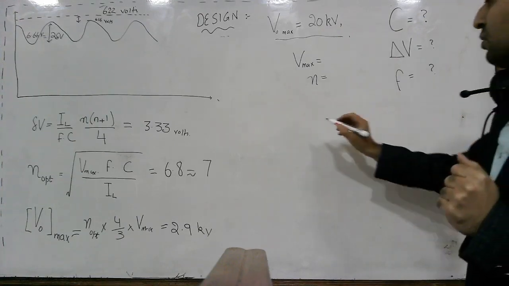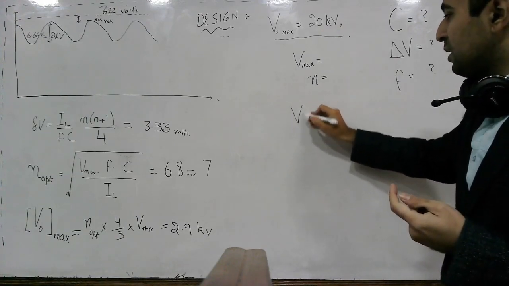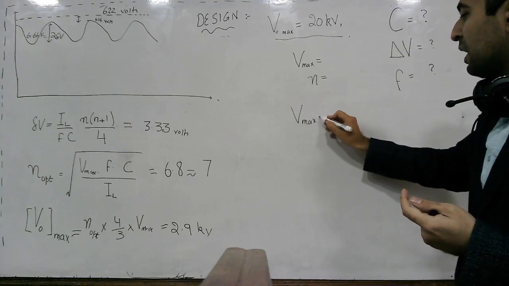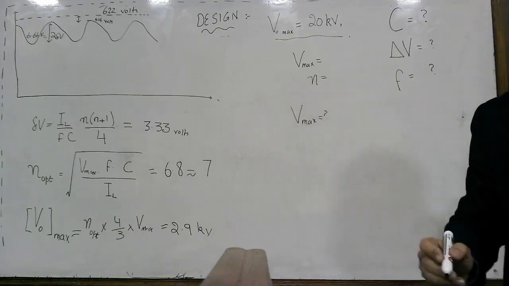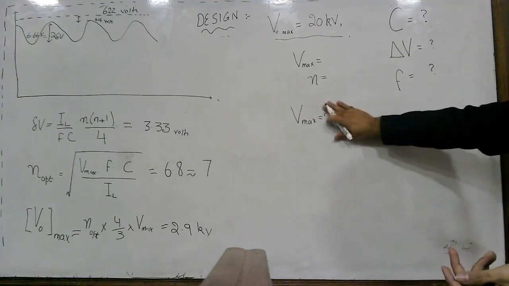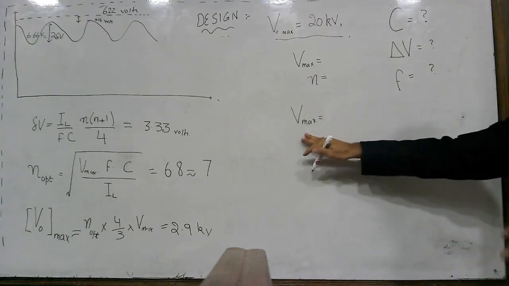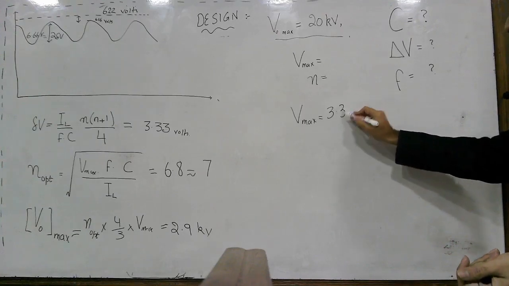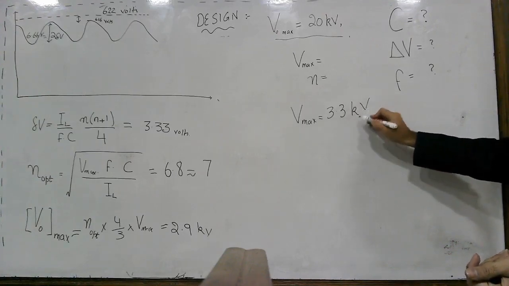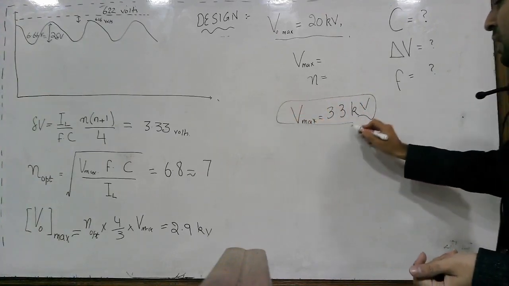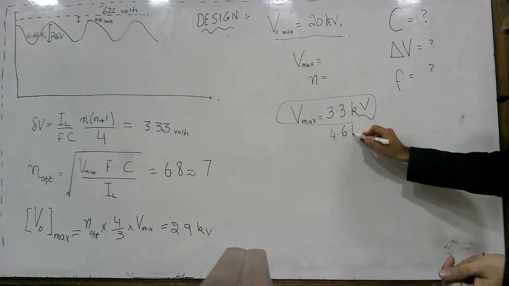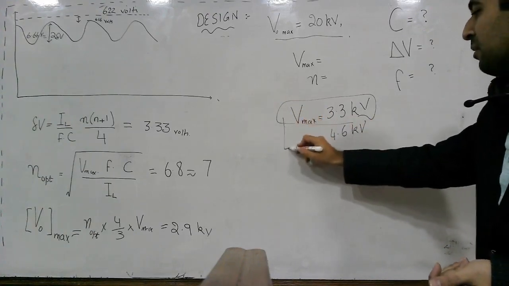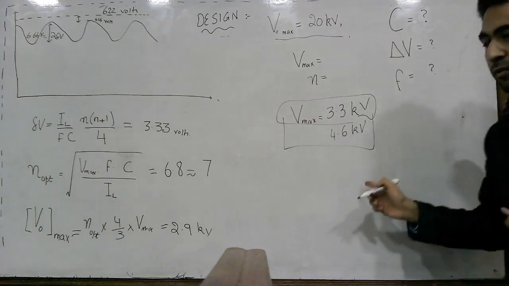The first thing to choose is to look for what V maximum is available in my lab, in my industry. V maximum is obviously available, like let's say I have 3.3 kilovolts available, or I have 4.6 kilovolts available. Whatever V maximum you have, first you look for it.